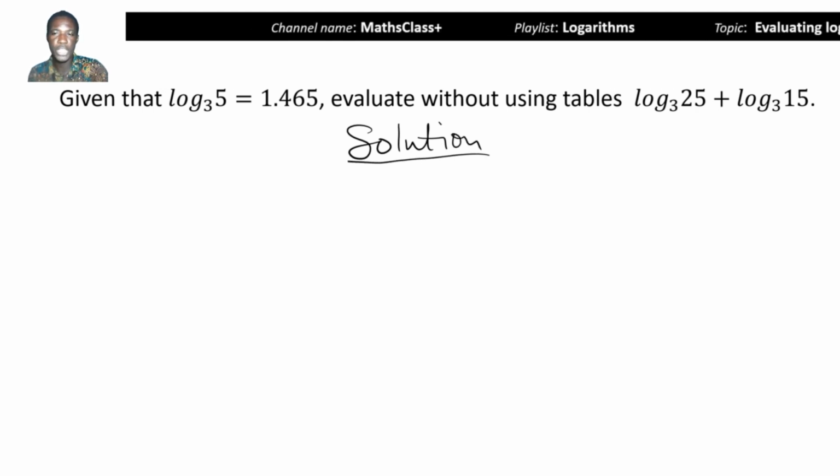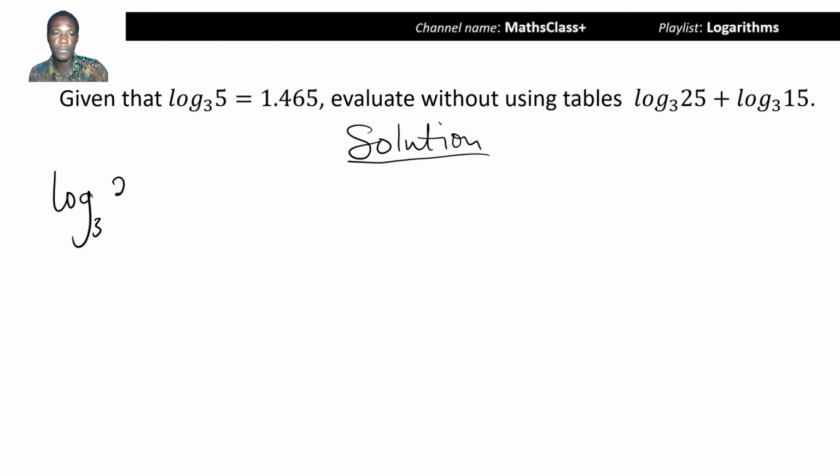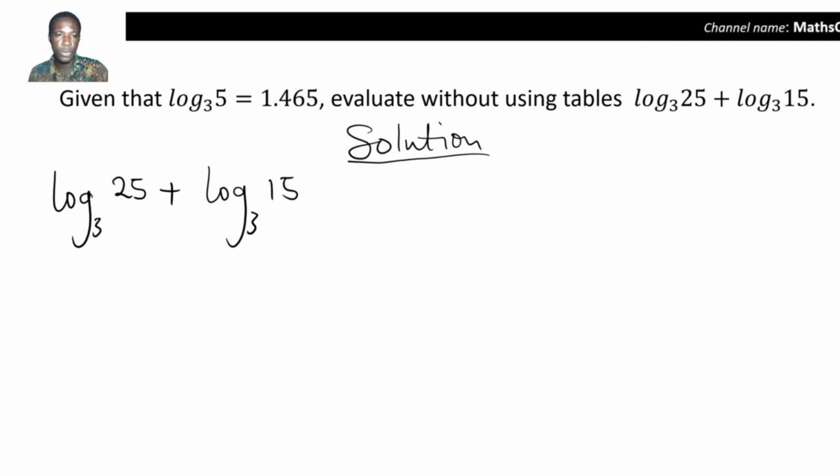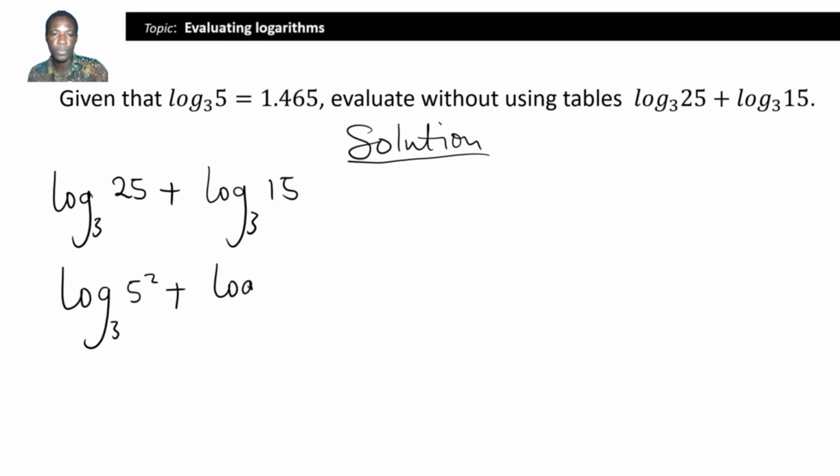We have the expression log to the base 3 of 25 plus log to the base 3 of 15. So we are going to rewrite 25 as 5 to the power 2. So we have log to the base 3 of 5 to the power 2. We are adding it to log to the base 3 of 5 times 3.